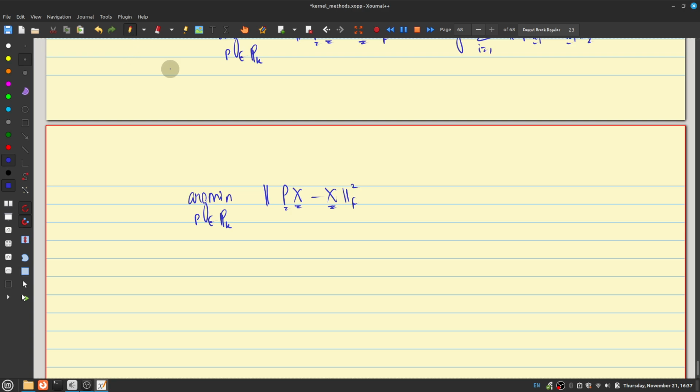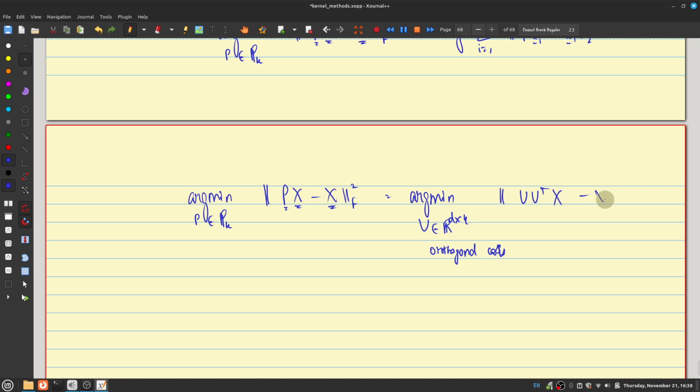Okay, so this can be written as the min over all orthonormal D by K matrices U of the Frobenius norm squared of U transpose X minus X.